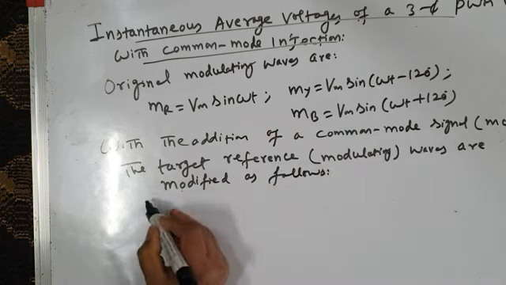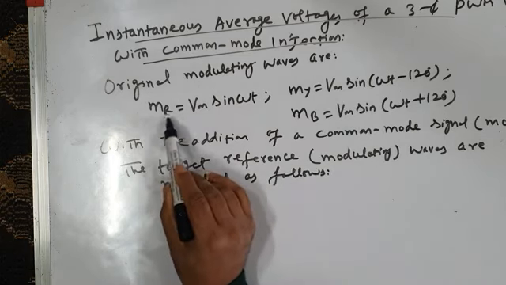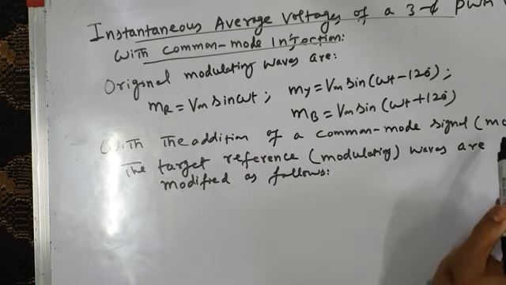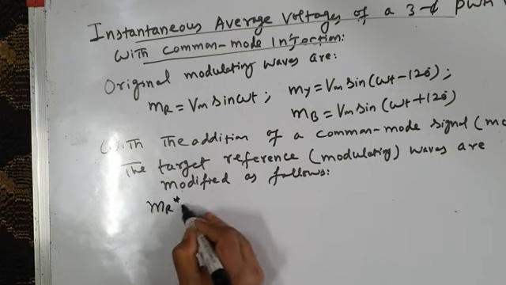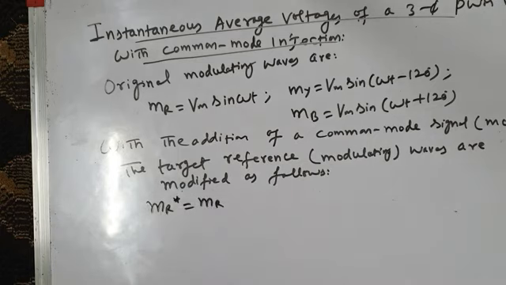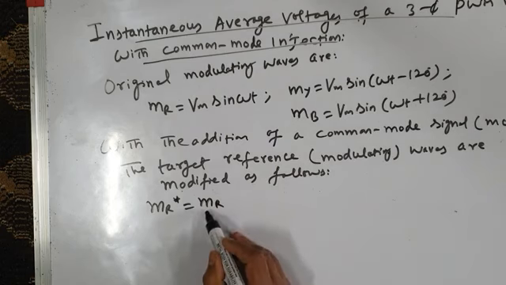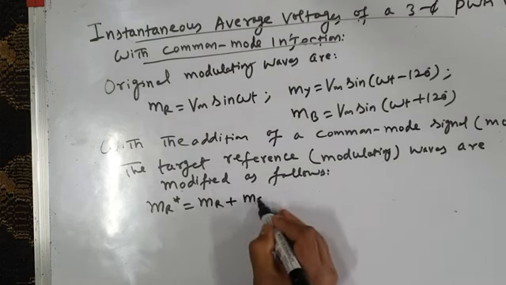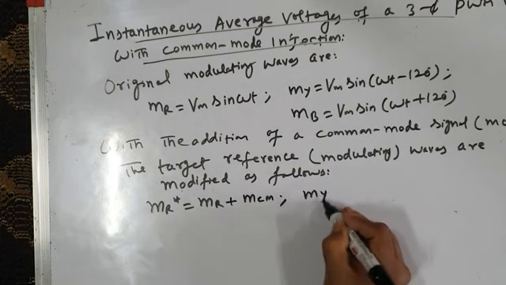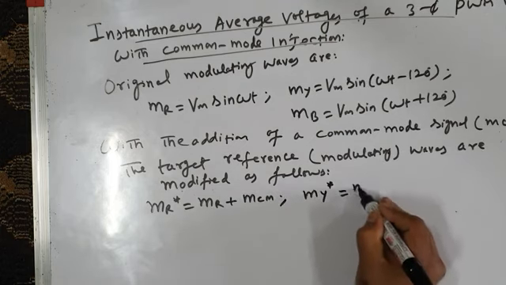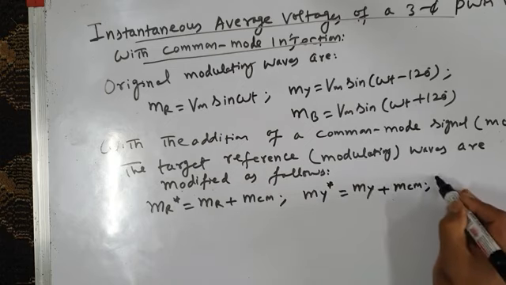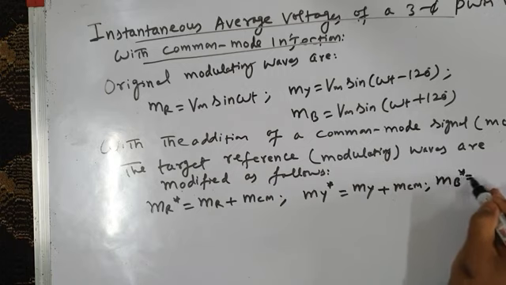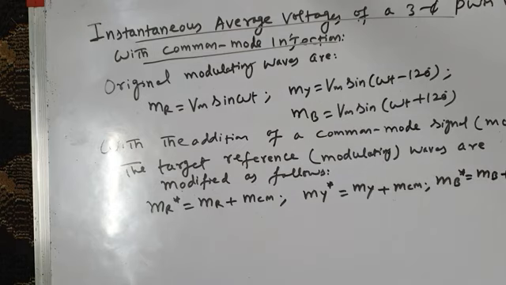How are they modified? Your R phase original modulating wave is Vm sin omega t. When I add the common mode voltage to it, it gets modified to Mr star. So Mr star will be equal to the original sinusoidal modulating wave plus common mode voltage MCM. Similarly, My star will be equal to My, the original target reference wave, plus common mode voltage MCM. Similarly, Mb star will be equal to the original modulating wave Mb plus common mode voltage MCM.